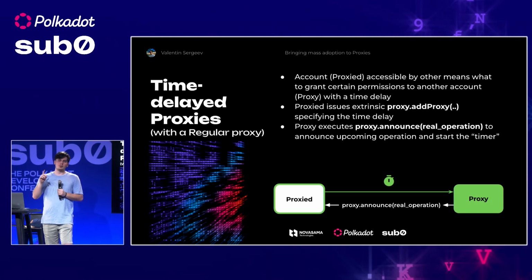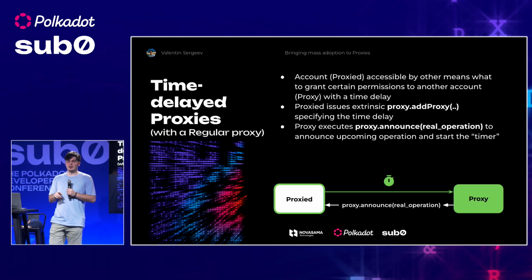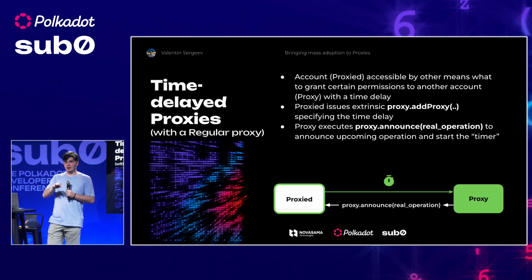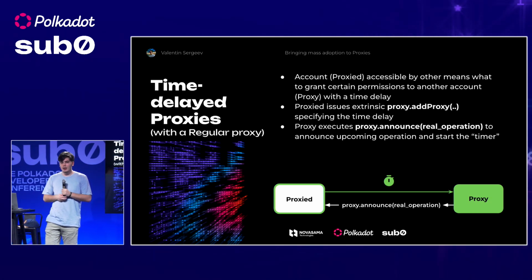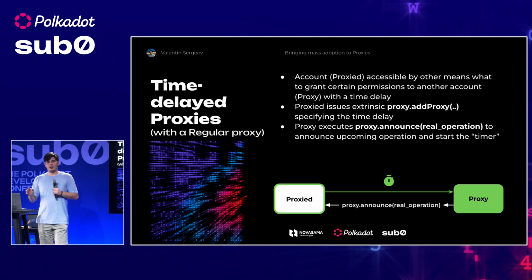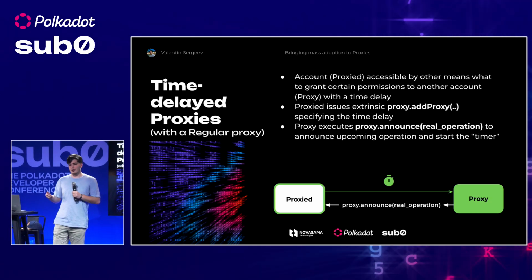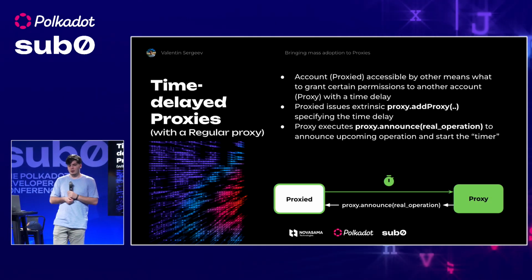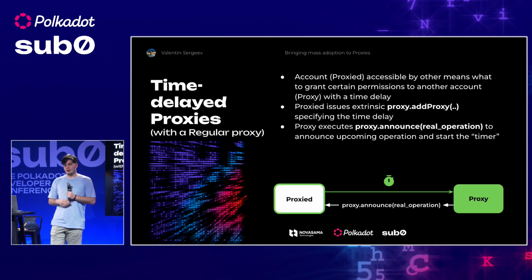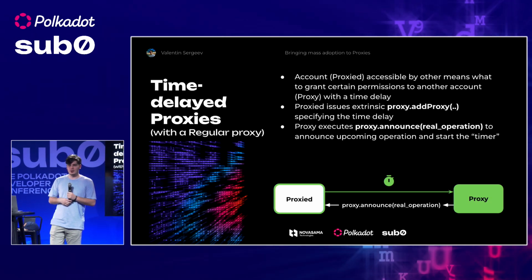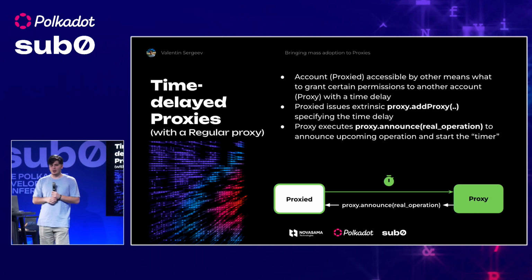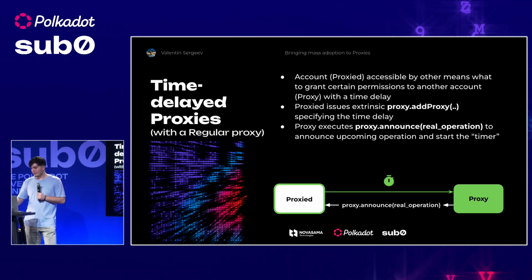There's even a separate permission type called cancel proxy, which only allows cancelling other proxy calls, which might be useful if you're optimistic about what will be suggested for execution, but you want some fallback in case of, I don't know, malicious actions going on.